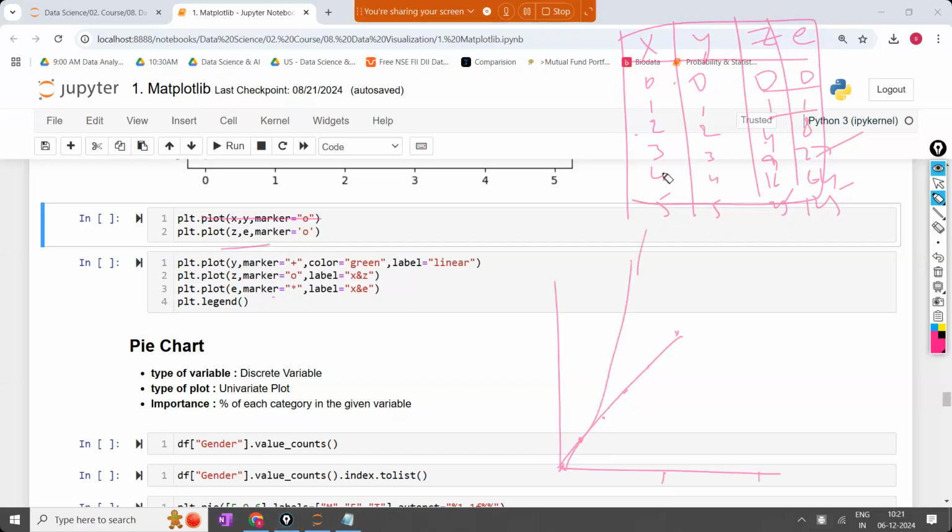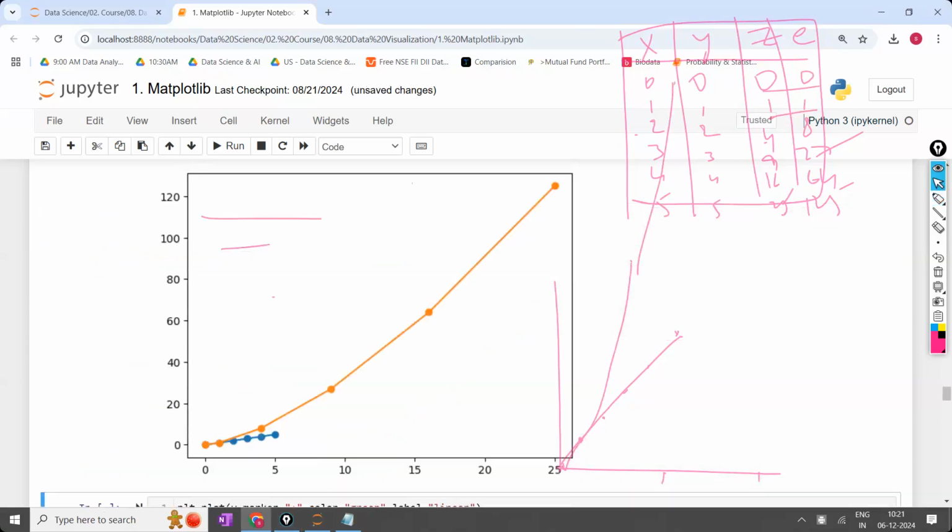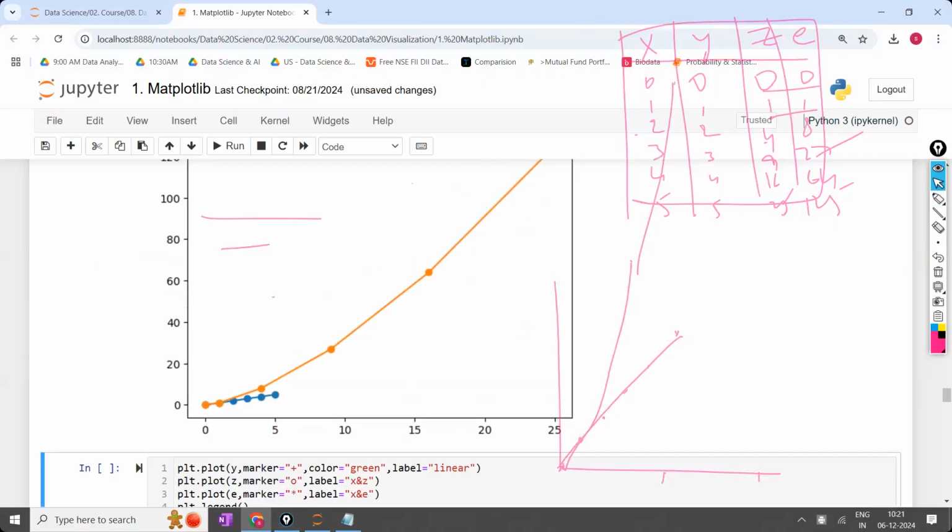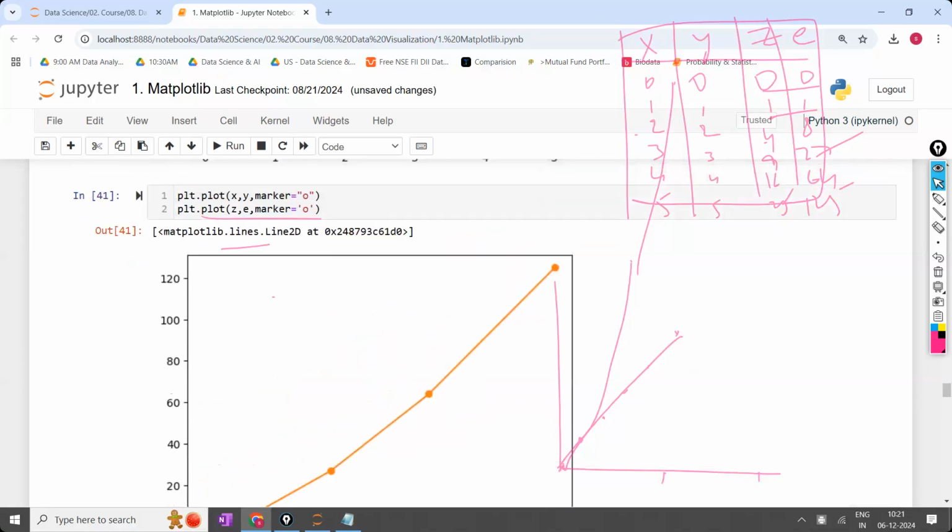Assume. It will go like this. If you draw a diagram in this way, you are going to get something like this. So what is the use of this one? See, comparison means the x-axis should be common. Then comparison will be done. If you have the x-axis common, comparison will be correct.